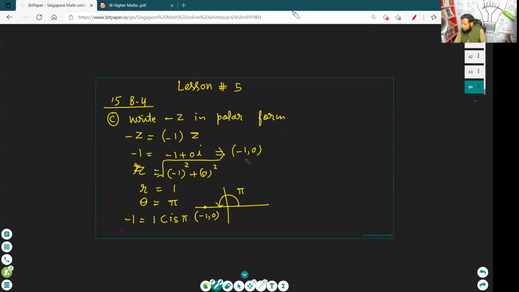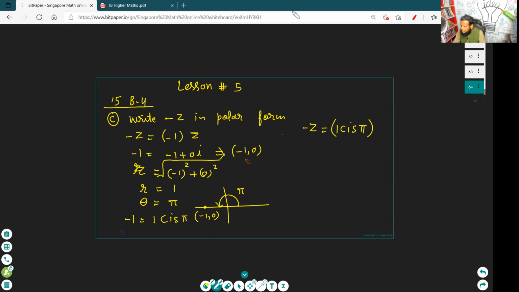So now we can multiply. Minus z means 1 cis pi times z. You understand the concept. We change to polar form and we can multiply polar form with polar form. Two numbers will be in polar form. We cannot multiply Cartesian form with polar form.